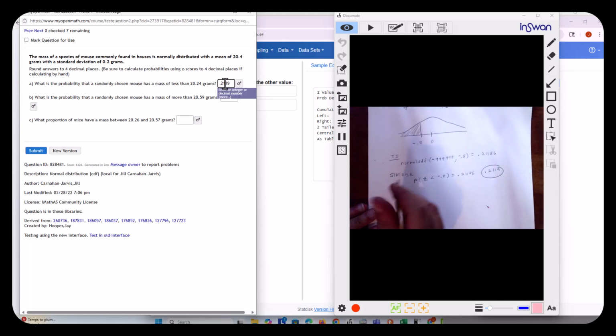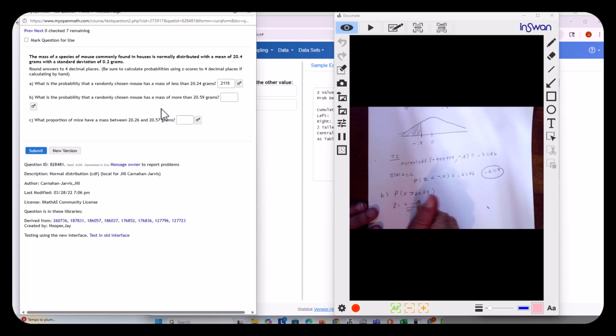Let's do part B. What's the probability that a randomly chosen mouse has a mass more than 20.59? Probability that X is greater than 20.59. So Z is equal to X minus mu over sigma.